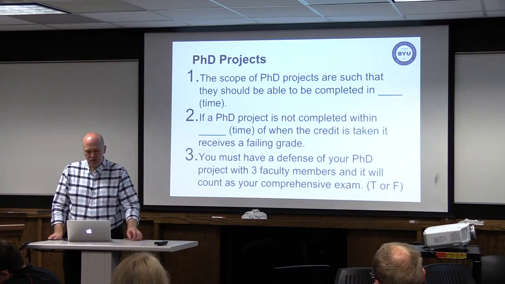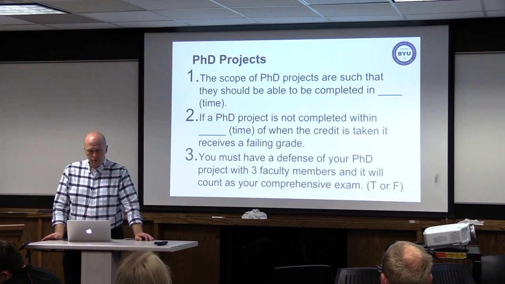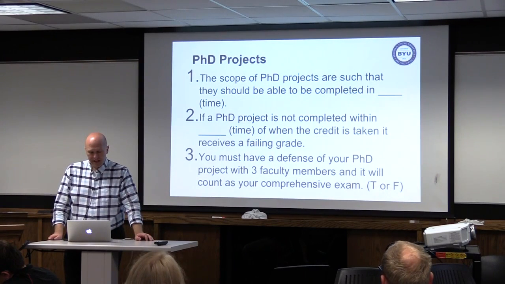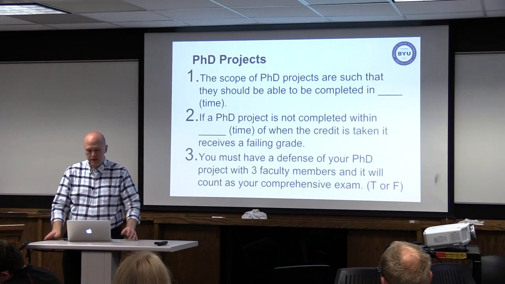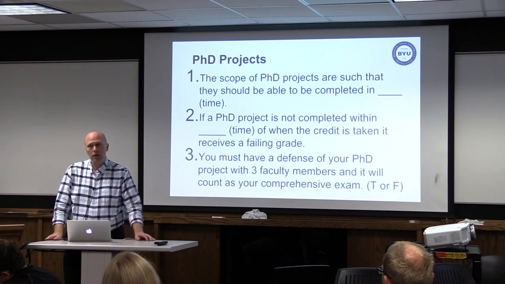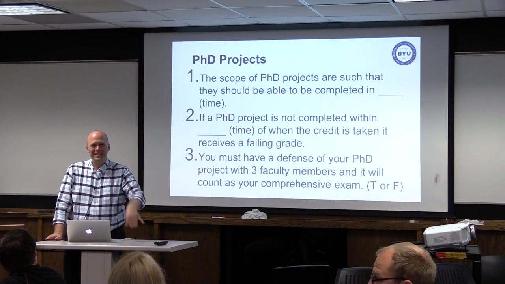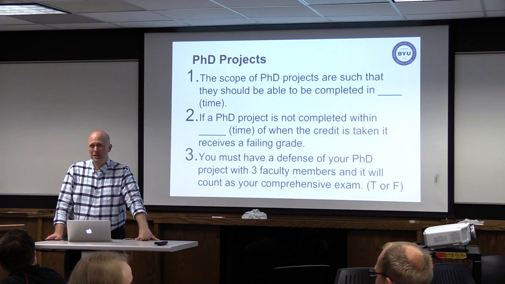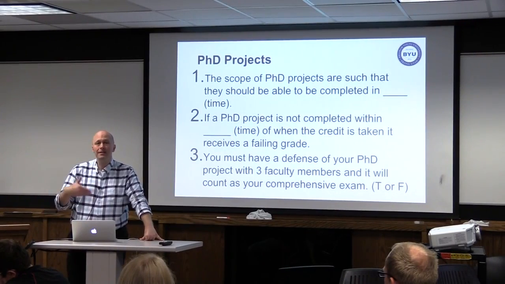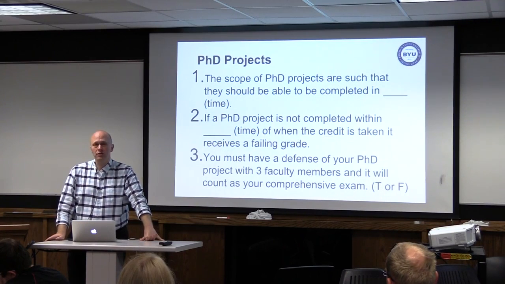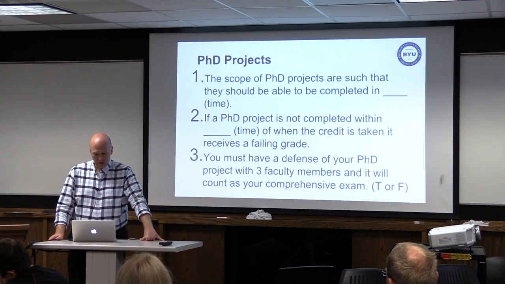If a PhD project is not completed within what time frame do you receive a failing grade on that credit? One year. It's the same process. You'll receive a T grade at the end of the semester in which you enrolled for credit, and you have a year with that T grade on your transcript before it is changed to an incomplete.